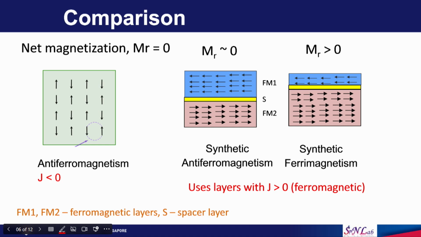So in antiferromagnetic material, the interaction between two magnetic moments is determined by the exchange interaction, which is less than 0. But in synthetic antiferromagnetic material, we are using layers where J is greater than 0, because these are all ferromagnetic material, right.